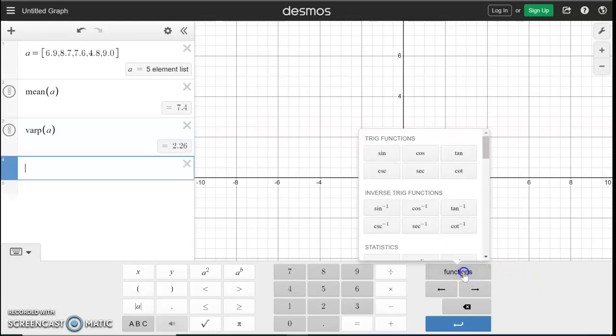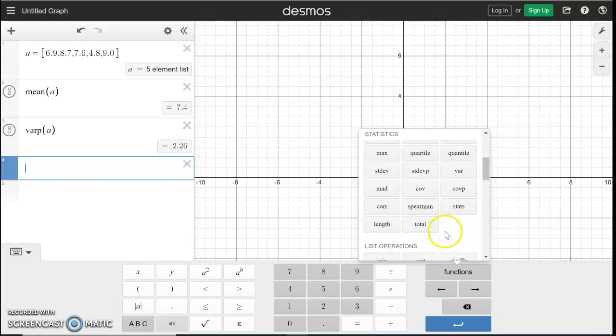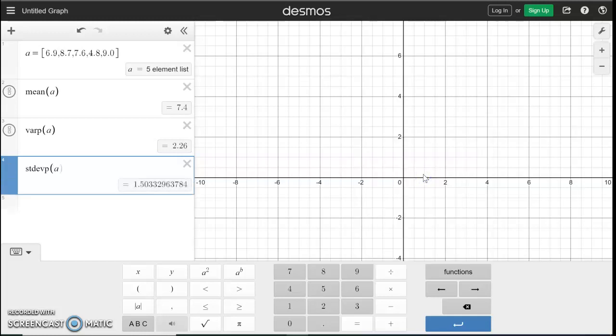And then function again, for the standard deviation of the population. Click that, and then A. Express your answer to 2 decimal places, so it's 1.5.